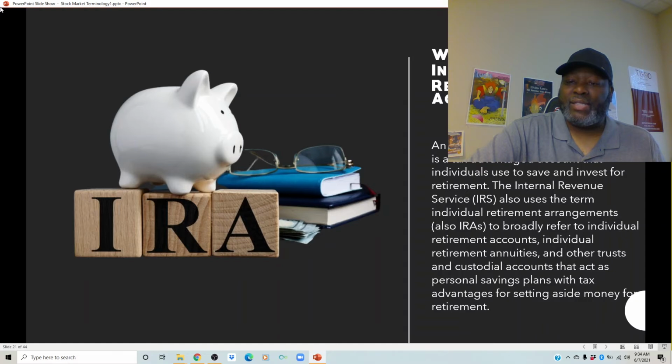The IRS, or the Internal Revenue Service, also uses the term individual retirement arrangements, and they still call it IRA, to broadly refer to individual retirement accounts, individual retirement annuities, and other trusts and custodial accounts that act as personal savings plans with tax advantages for setting aside money for retirement.